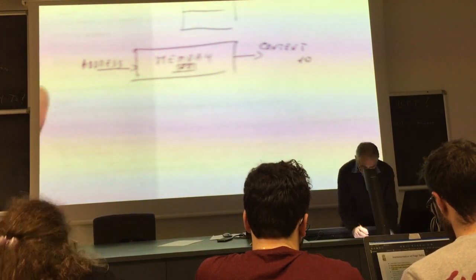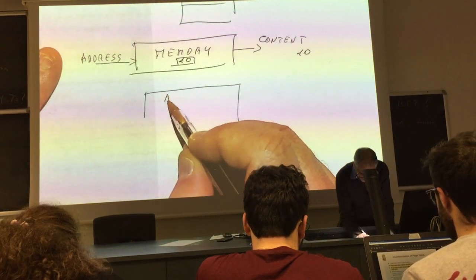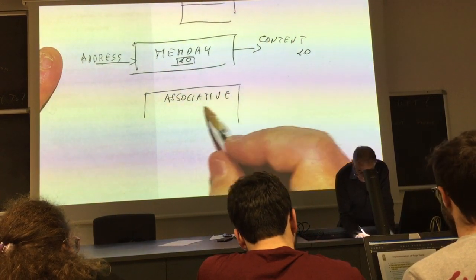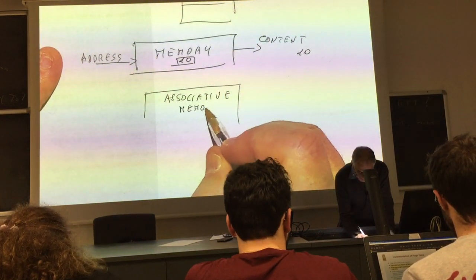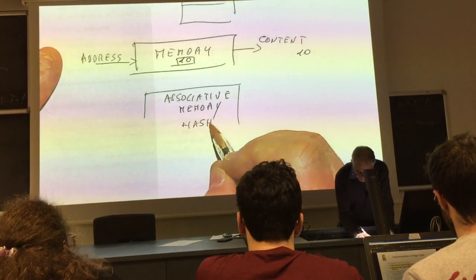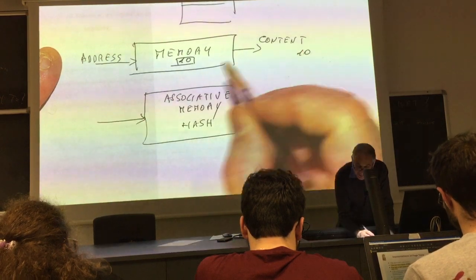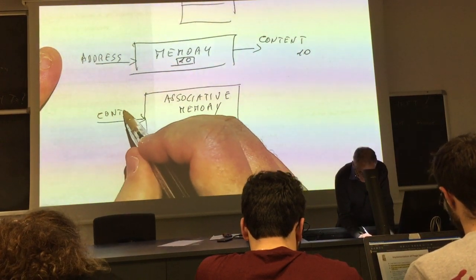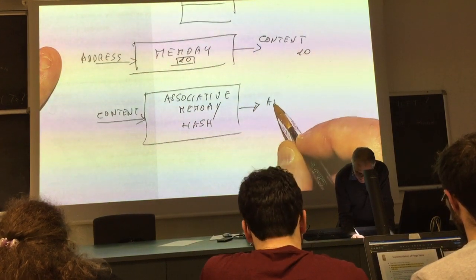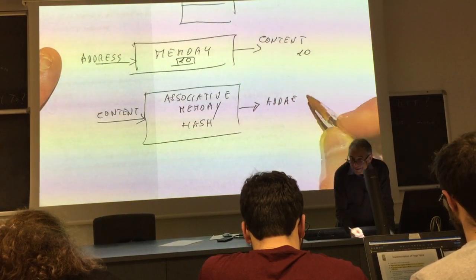An associative memory, instead, is like a hash table. In a hash table, you enter with the content, the key, and you get the address where you find that content.